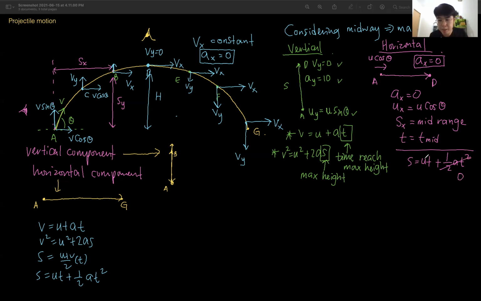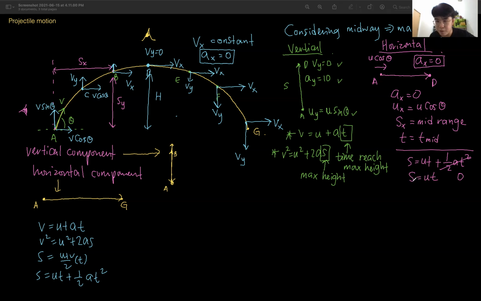Why is it 0? Because I'm looking from the horizontal component. Where is the vertical? The vertical is the green one. I'm solving only for the horizontal. So that is why our acceleration is not 10, it's 0. Okay, does that make sense? So this one is 0, then we have s = ut.